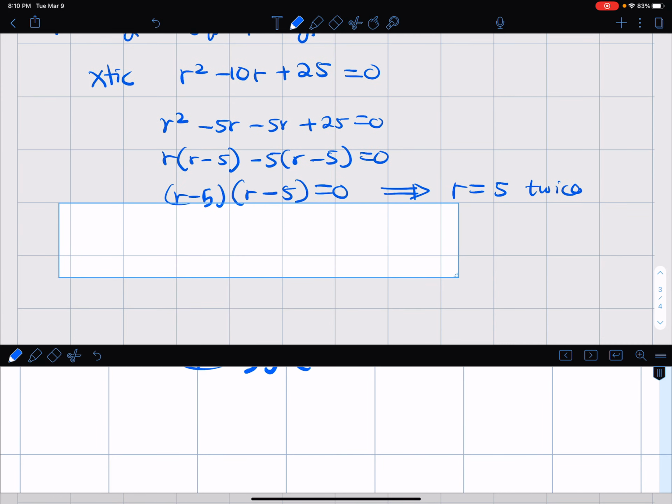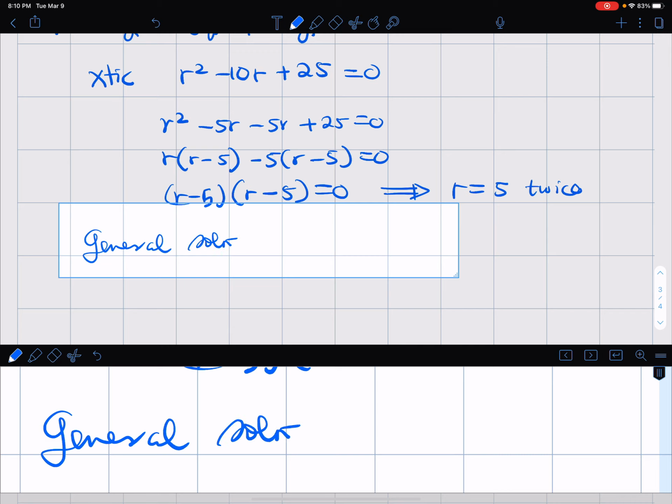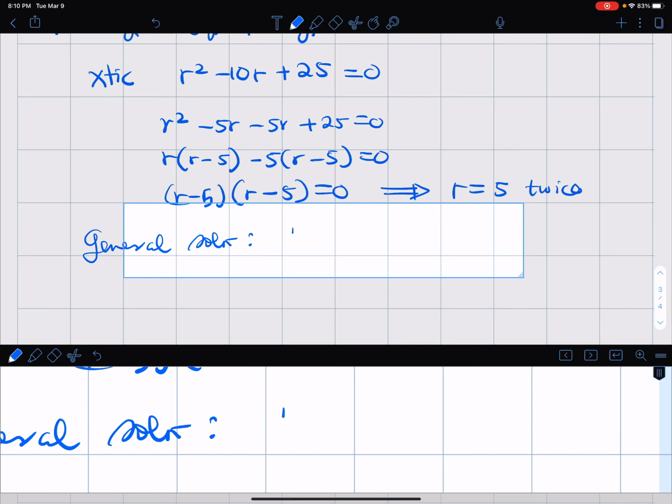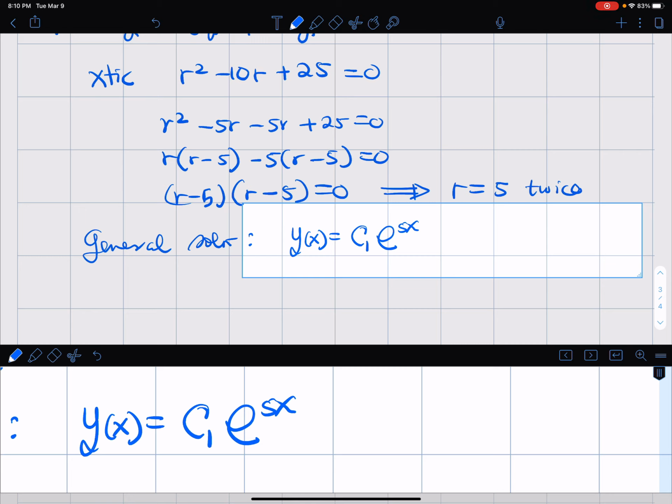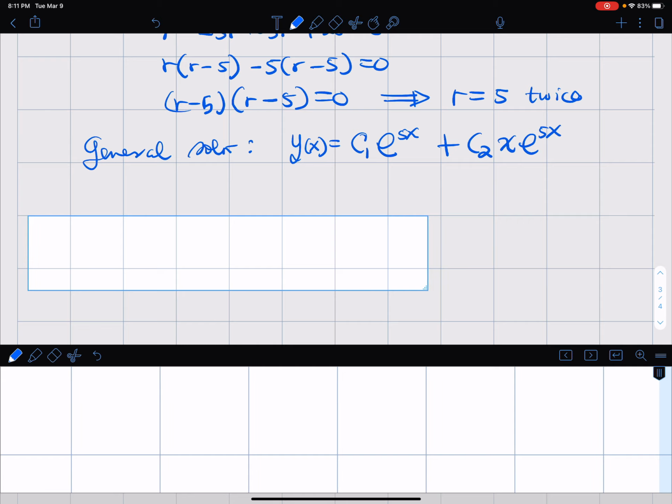So this means that our general solution is y of x is c1 e to the 5x, plus c2 x e to the 5x.